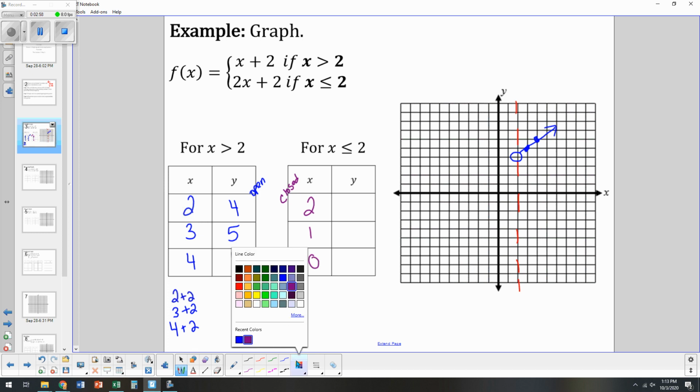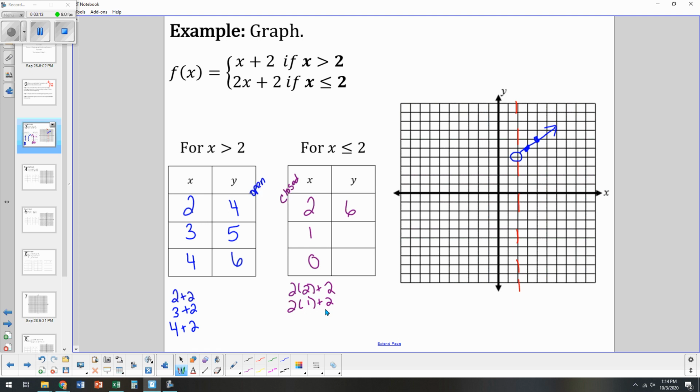Then I can go to my other half. Now I'm going to be plugging them into the less than or equal to 2 part. So that's going to be 2 times 2 plus 2, or 4 plus 2 is 6. 2 times 1 plus 2, so that's 2 plus 2, or 4. And then 2 times 0 plus 2, or 0 plus 2 is 2.